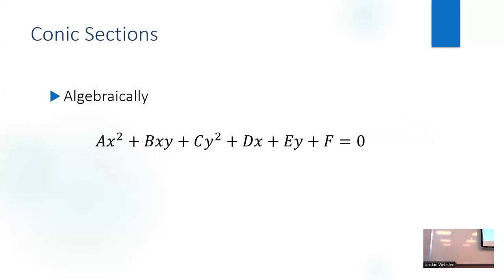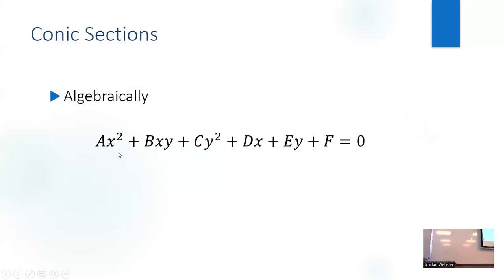And the interesting conic sections are the ones where either A or C is non-zero, or both are non-zero. If A, B, and C are all 0, then these terms go away and we just have a linear equation in two variables.